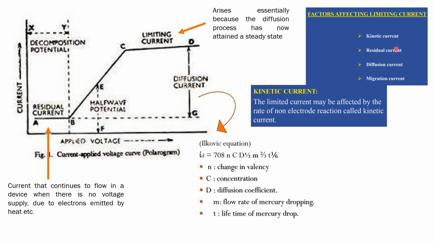And what is kinetic current? The kinetic current is the limiting current which may be affected by the rate of a non-electrode reaction, and that is known as kinetic current.